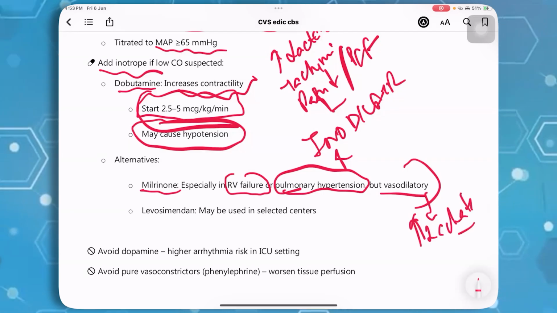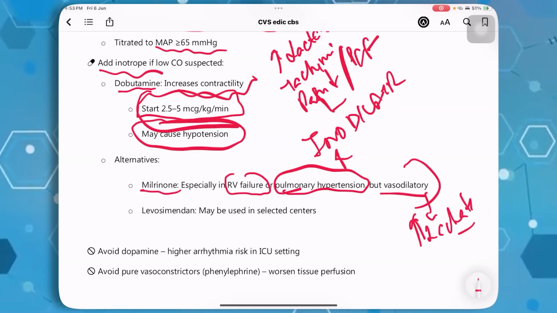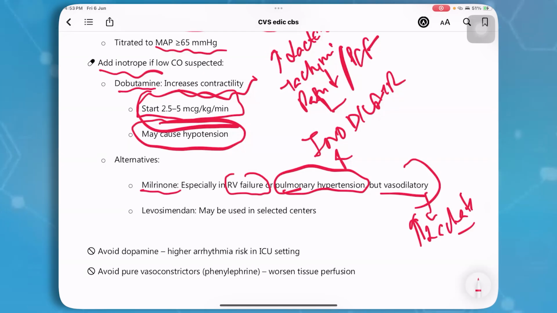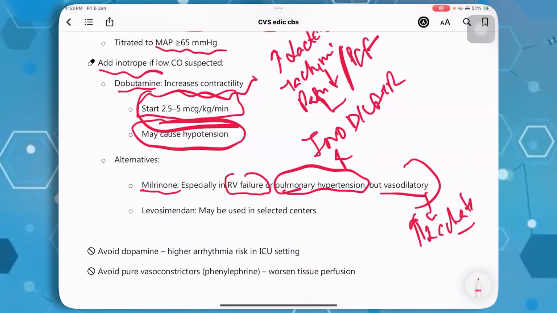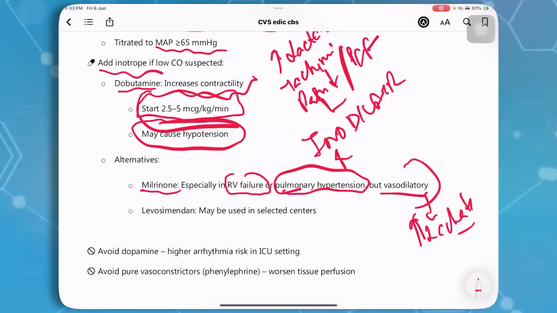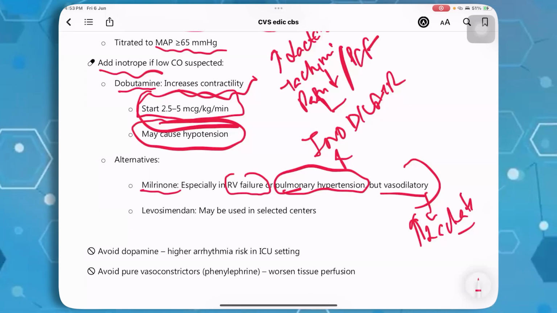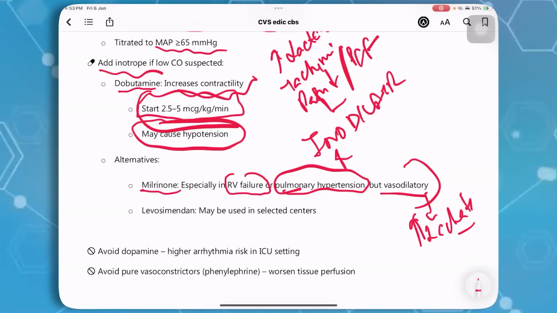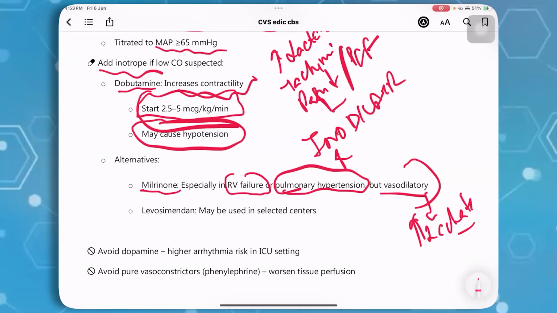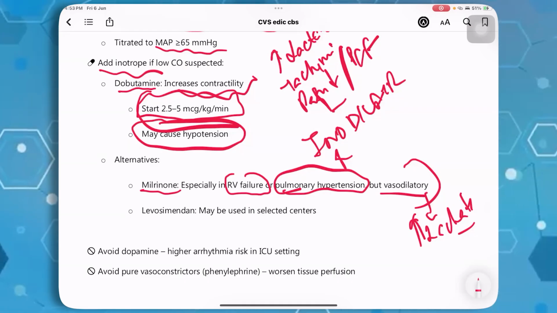So after 6 hours of milrinone, you must check if the patient is developing hyperlactatemia. You should get an ABG done after 6 hours as a mandate. Another drug is a calcium sensitizer, levosimendan, which may be used in selective centers where their experience with levosimendan is good.